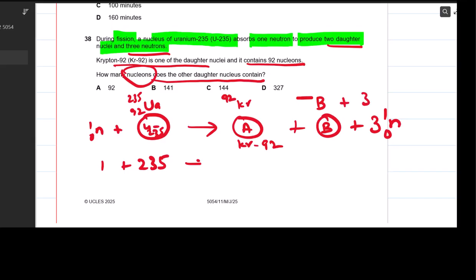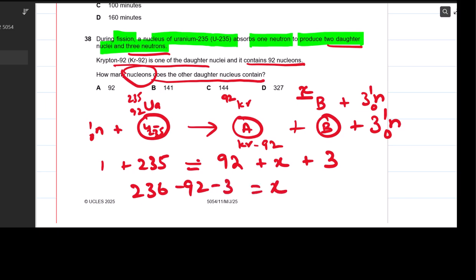So 92, and this is a question mark, so I say X plus 3. So 236 minus 92 minus 3 will give the nucleon number of the other isotope, or you can say daughter nucleus. If we subtract this, we get 141. So B is the right option here.